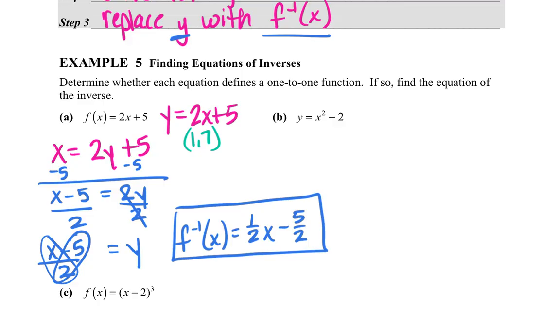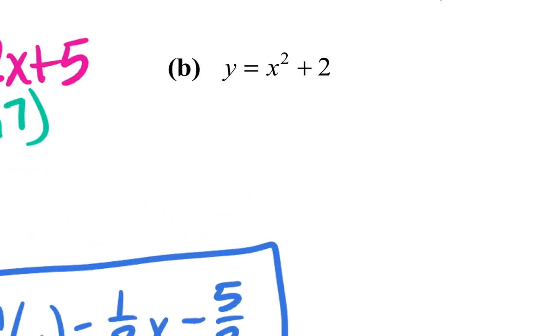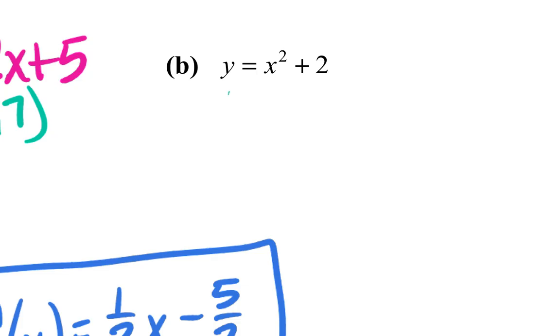All right, now let's try this one here. They've already got it in the y equals form for us, so we're just going to switch it and enlarge this a little bit. So now I've got x equals y squared plus 2. Now I'm going to solve for y. I'm going to subtract 2 from both sides, and then take the square root.